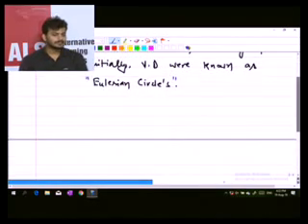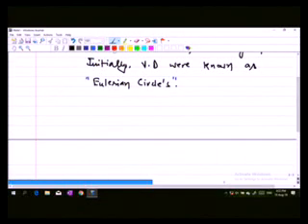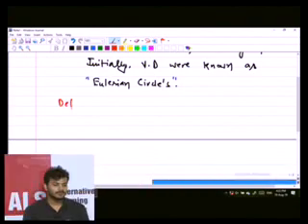Anyway, guys, let's start with the definition part now. How we define it is important for you. Let's define it.